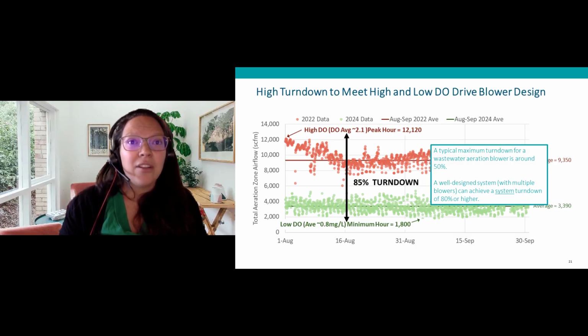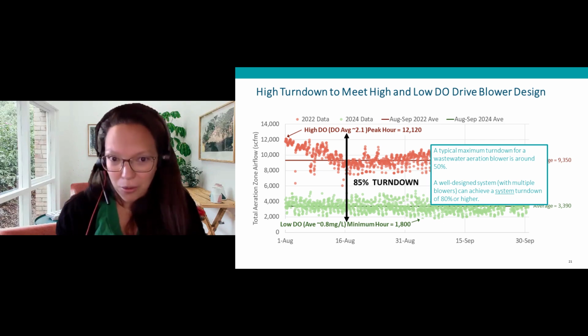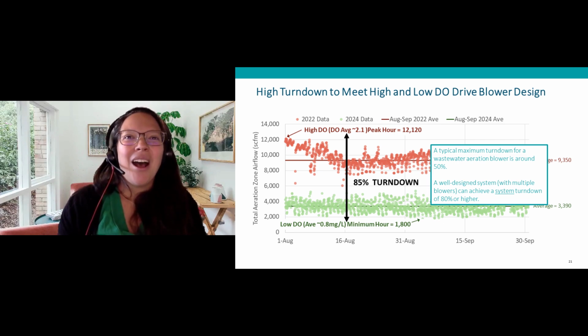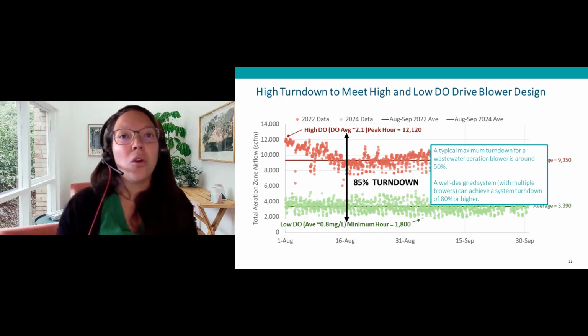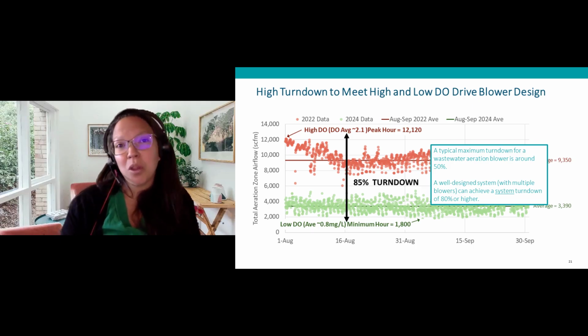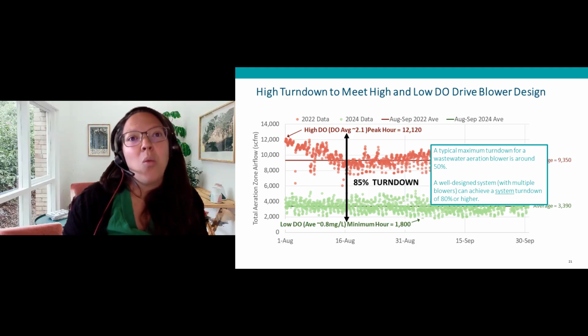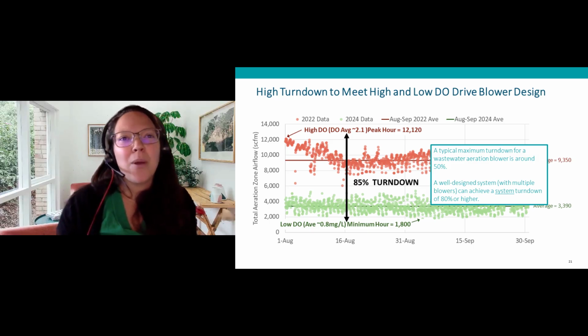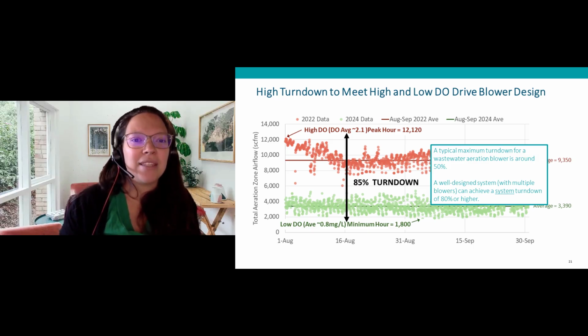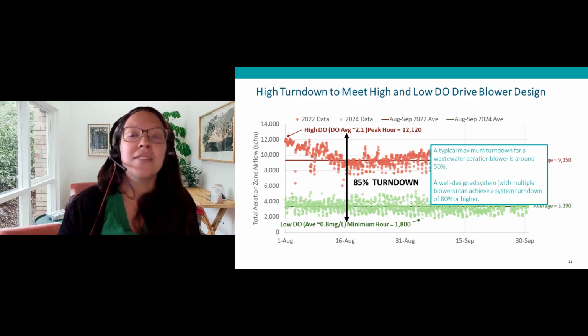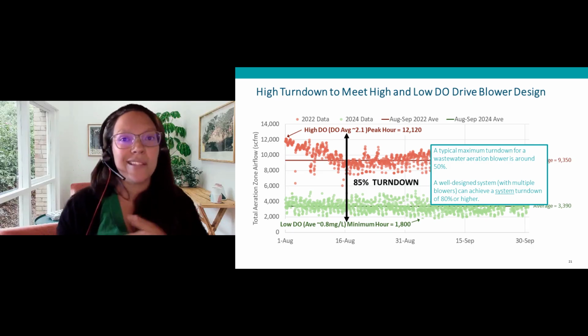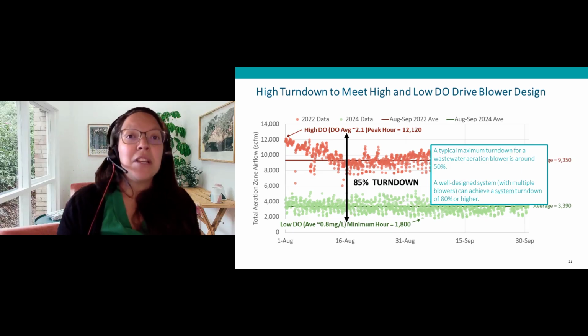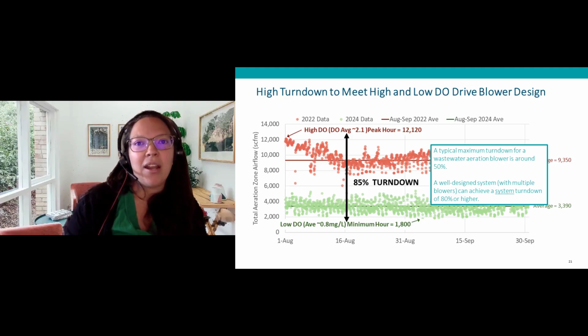So this graph shows in red or orange, depending on your screen, in the dots, the total aeration airflow at Pomona over a 2-month period in 2022 when they were operating at a higher DO concentration with an average of approximately 2 across the entire basin length. The green dots are the same 2-month period, August to September from this year, when they were operating at an average of approximately 0.8 milligrams per liter.